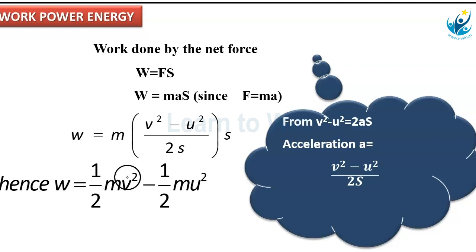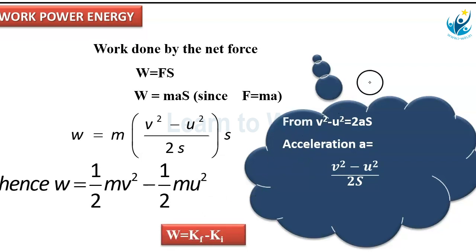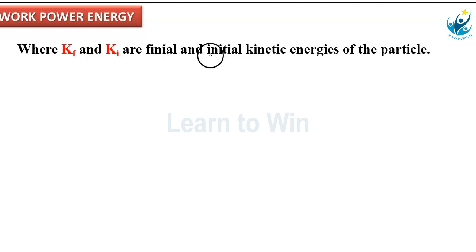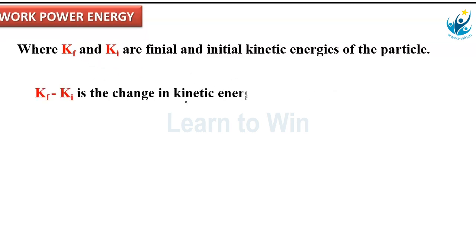Work done equal to final kinetic energy minus initial kinetic energy. W equal to Kf minus Ki. What are Kf and Ki? Kf and Ki are the final and initial kinetic energies of the particle. Now, Kf minus Ki is the change in kinetic energy of the particle.